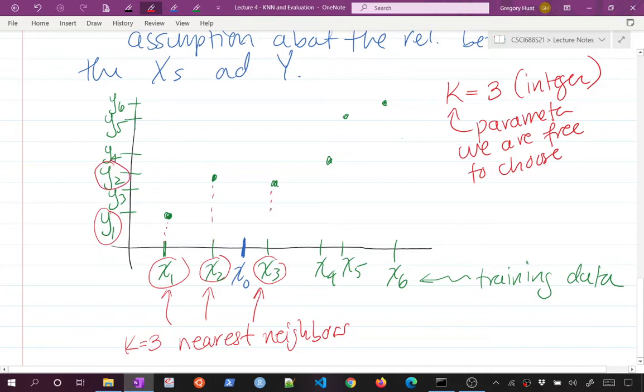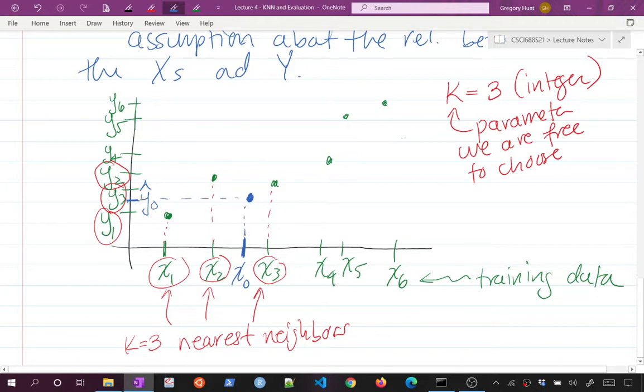And x3 corresponds to this one, y3. If I average the y's, just eyeballing it, it's going to be somewhere about here. And so my predicted value for y naught, I'm going to put over here. This is what I'm going to call y naught hat, my predicted value.